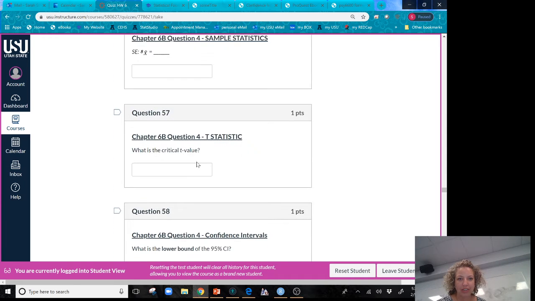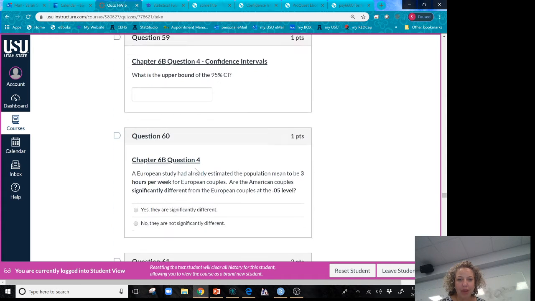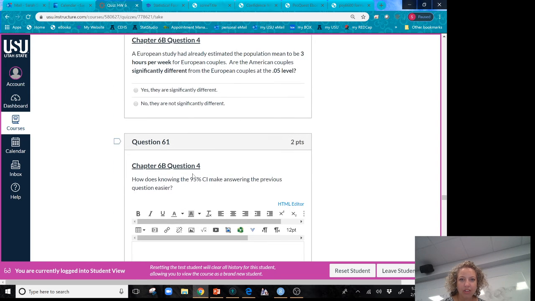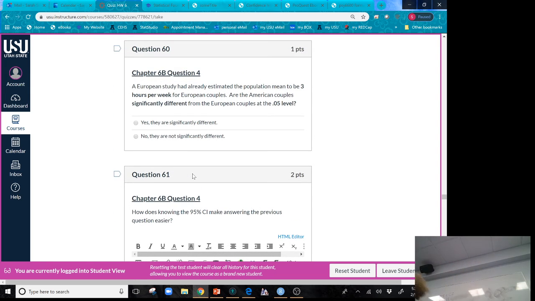And then, so here's the pieces. So we make the confidence interval. It wants us to know if they were statistically significant or not. Okay, notice this. So this one's talking about the 95% confidence interval. This one says alpha 0.05.